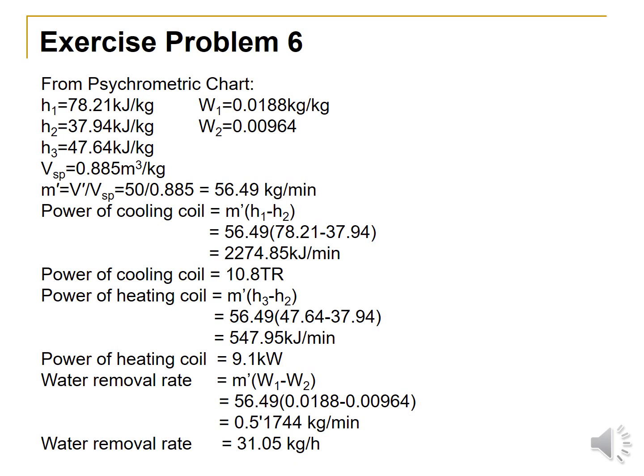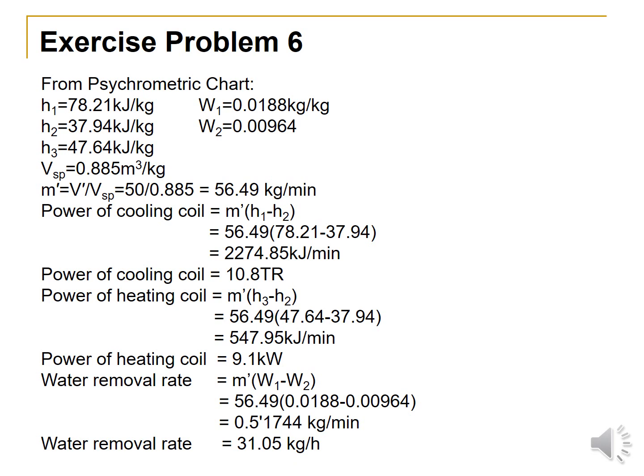The specific volume is recorded at point number 1 and its value is 0.885 cubic meter per kg of dry air. So m prime will be calculated by dividing volumetric flow rate by specific volume. It is equal to 50 divided by 0.885, which is 56.49 kg per minute.